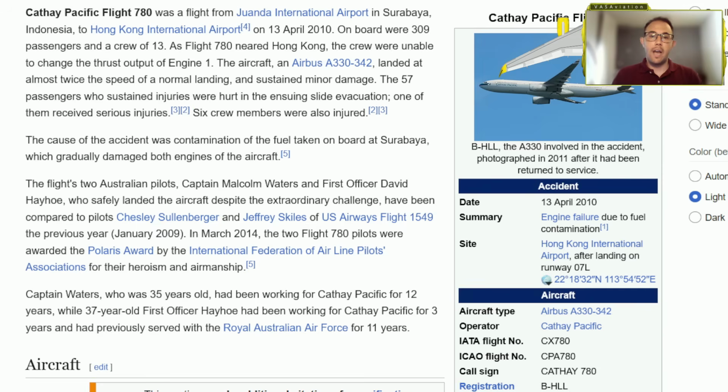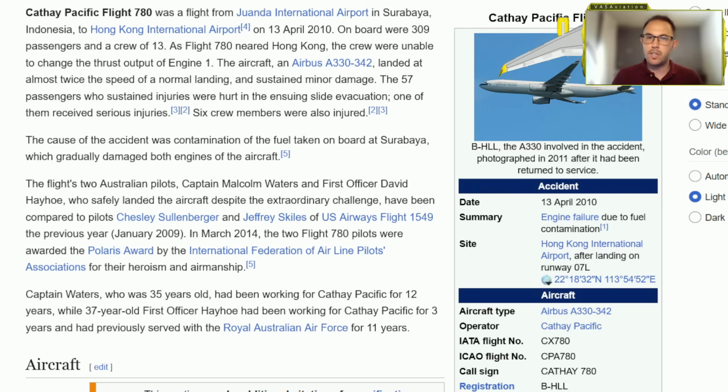Now that we know about fuel contamination and the importance of the fuel filters, let's talk about two incidents. One of them is actually an accident related to fuel contamination. One of them is Cathay Pacific Flight 780. Without getting into much detail about this incident, you have to read the documentation about it.